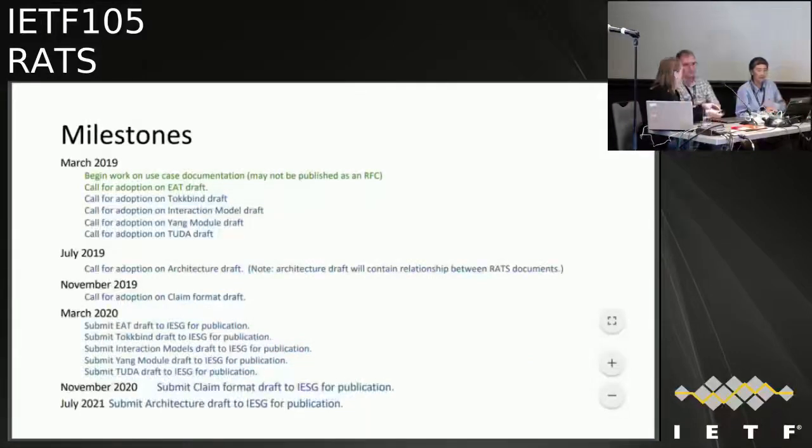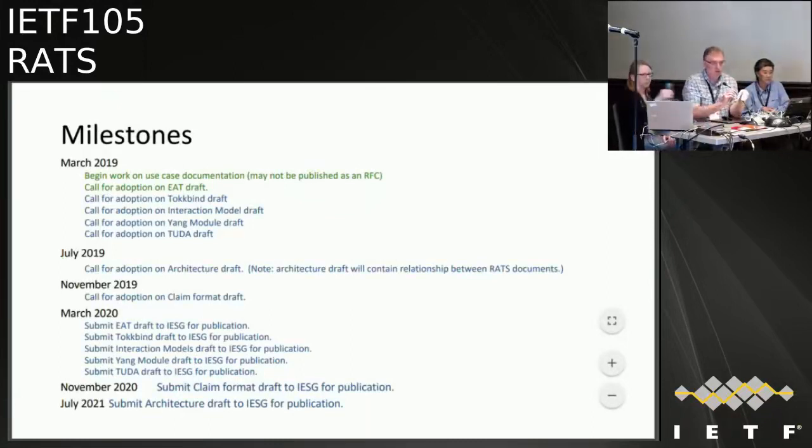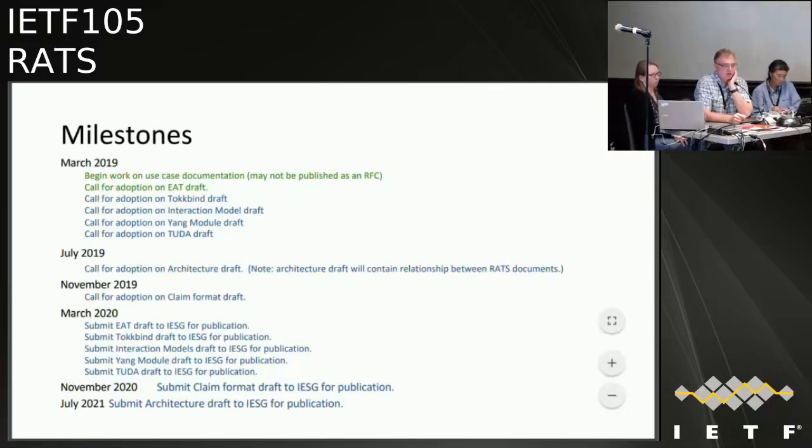Okay, milestones. Would you like to run through that? Sure. We're beginning our work on the use case document. We made a decision at a virtual interim that we would not publish it as an RFC, but it should be available publicly for review.